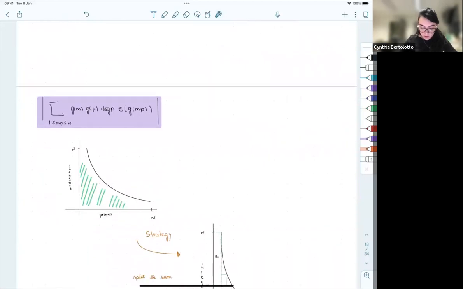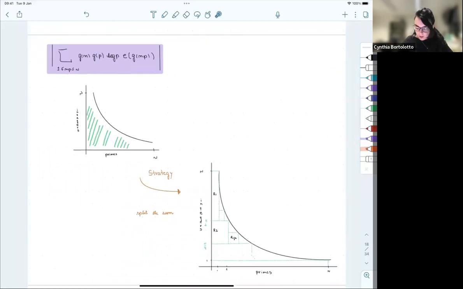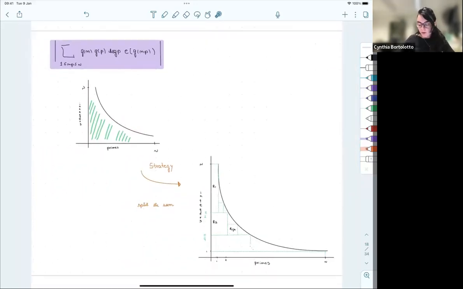So we're basically looking at this sum like this. We have the hyperbola here, and one of the axes we take over the primes, and the other one we take over the integers. And then we want to see what happens to the sum in this area. What Montgomery and Vaughan did is split this hyperbola into several rectangles.